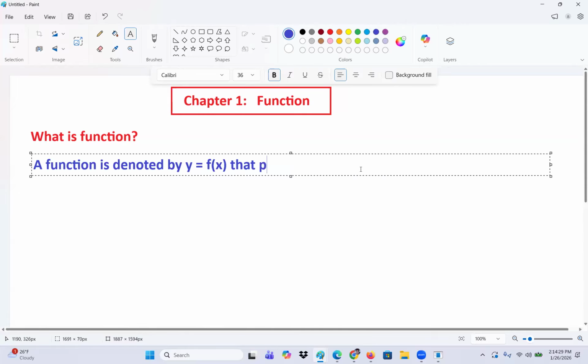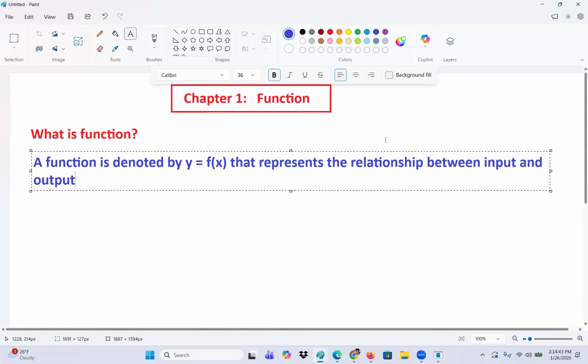That represents the relationship between x and y, between input and output. So we're basically going to have a single output. You might have multiple inputs, but there's only one single output.